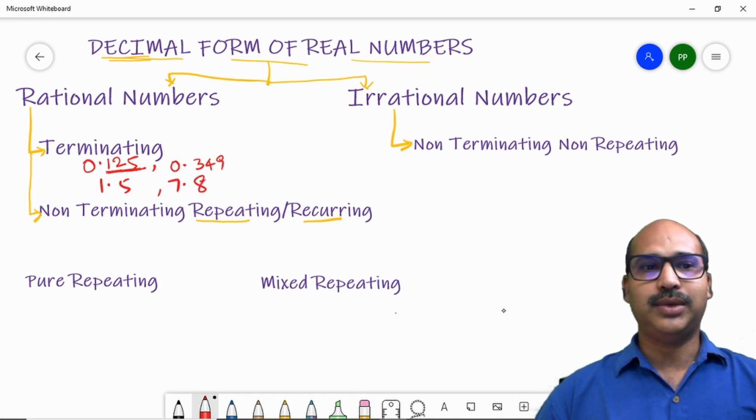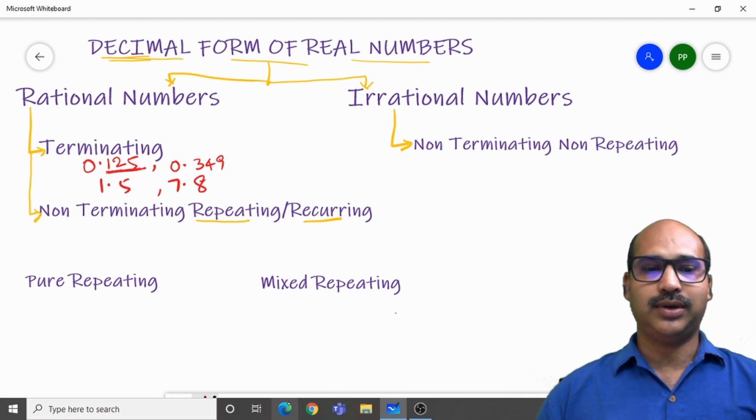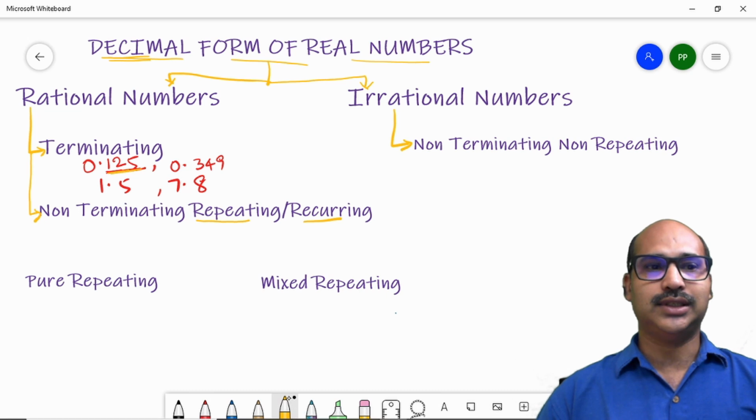These are terminating. After the decimal, the number of digits is countable and these digits are not repeating, so they are known as terminating.